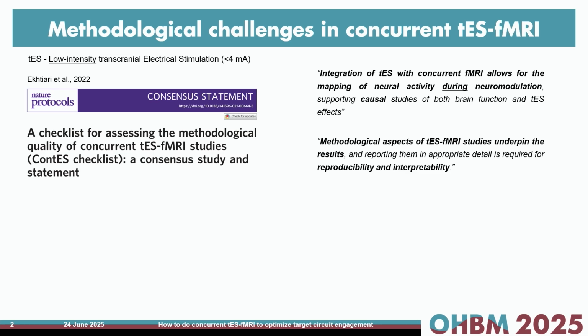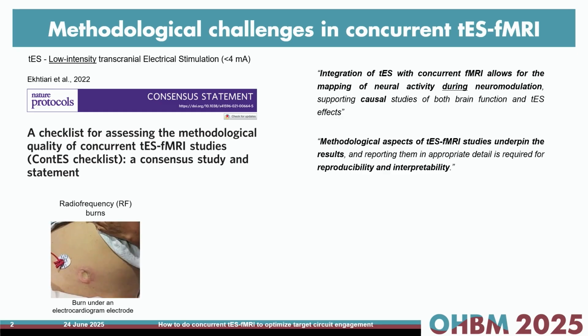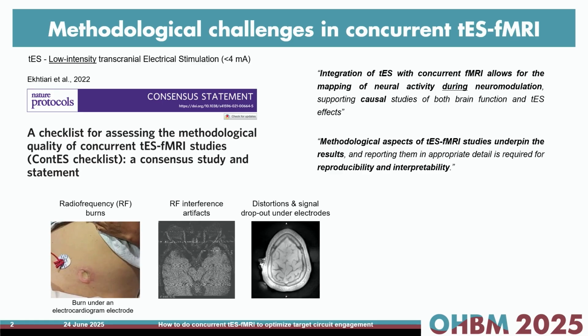If you do follow the recommendations present in this paper, you are on a good track to avoid safety hazards, like, for example, RF burns under the electrodes. And also image artifacts like the ones you see here, and we will see in more detail later on.